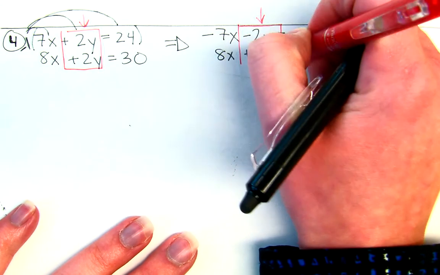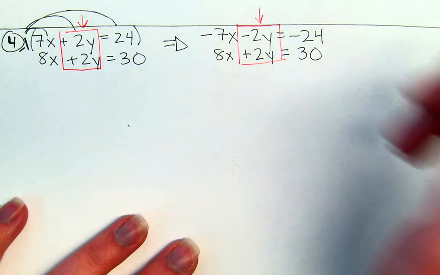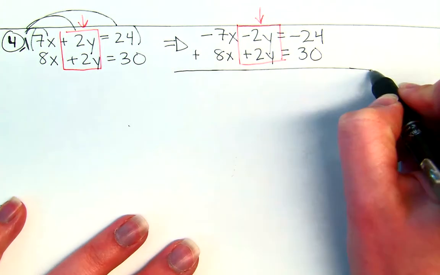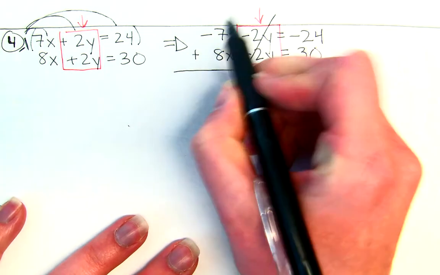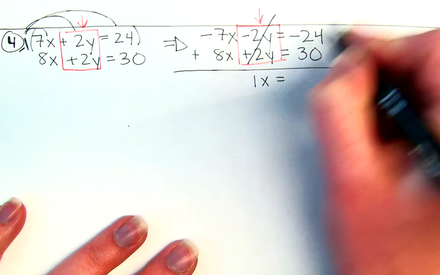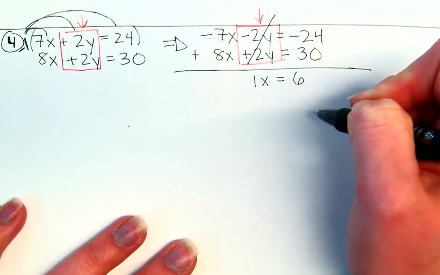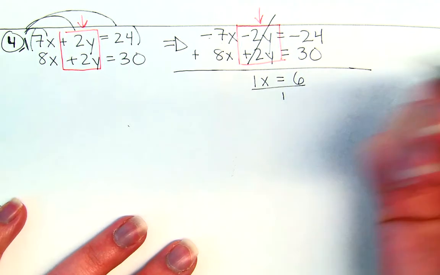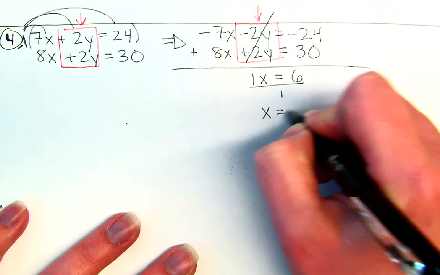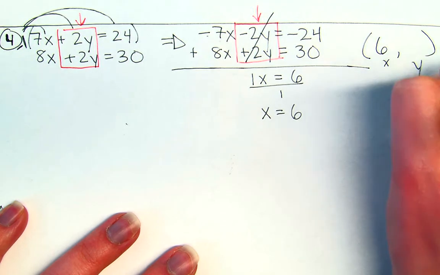So our target variable y is now an inverse. So that means that when I find the sum of the system, these are going to eliminate. -7x plus 8x is 1x. And I wind up with 6. And now all I have to do is divide by 1, or just realize that x is already equal to 6. And so that is the first part of our point.